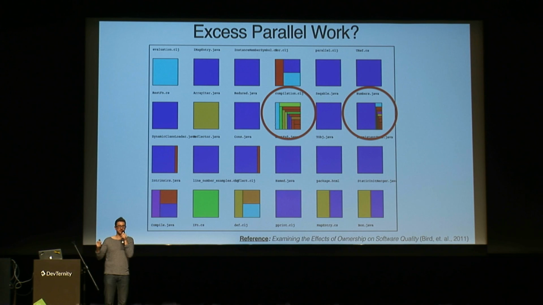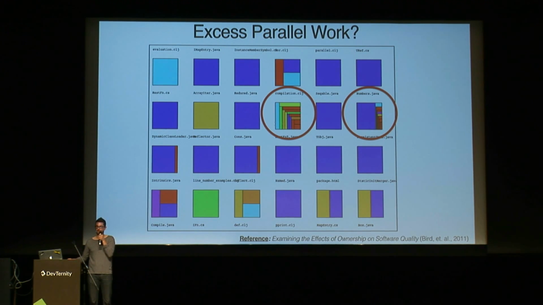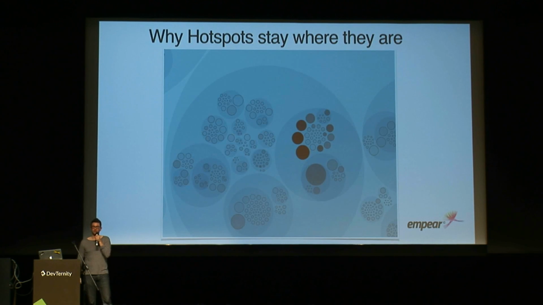And the reason I say we may have a problem is because the number of contributors to a file is one of the best predictors of the number of quality issues that file will have. And you have a reference here where you can read up a little bit on that finding. It's actually empirical research. And I also see that that pattern often leads us to believe that we have a technical problem with code quality or code that's hard to understand, when in reality it's a social problem. And the fractal figures also help us understand how software evolves.